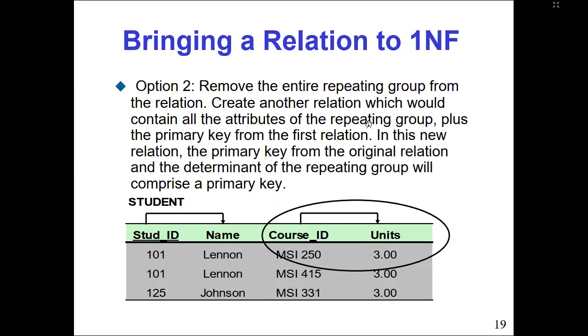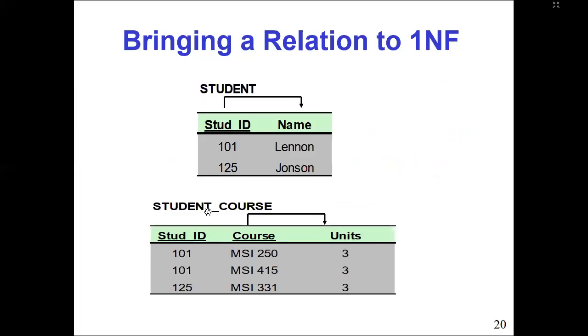So create another relation which would contain all the attributes of the repeating group plus the primary key from the first relation. So I am giving the primary key student ID to the other side.